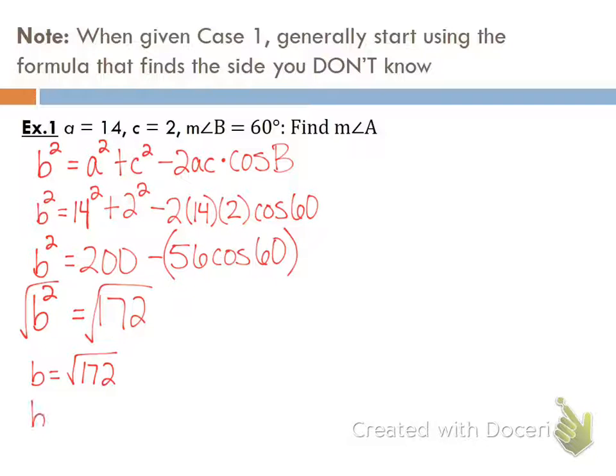It would simplify, I believe, to 2 root 43. Okay, I would use one of those. I would not round a decimal on this. We are not far enough into the problem to be rounding. I'm not saying it wouldn't work out. I'm just saying you're risking your answer being off by a few decimal points probably. Questions about getting side B?